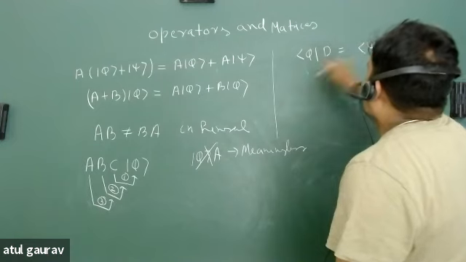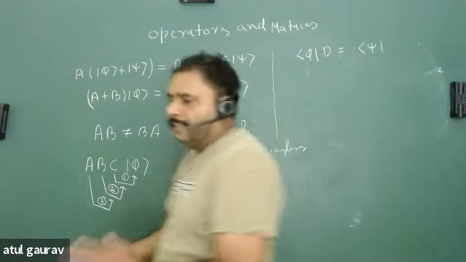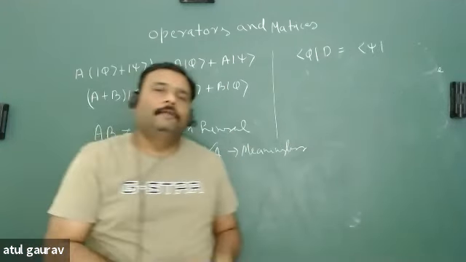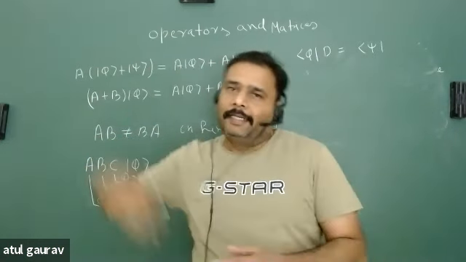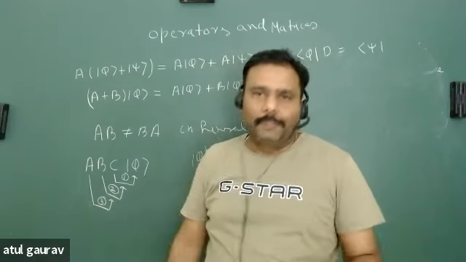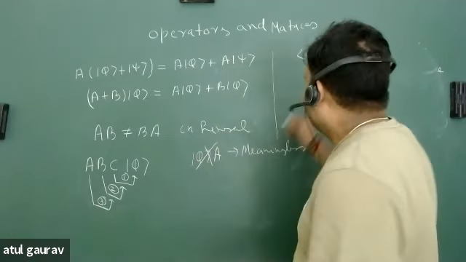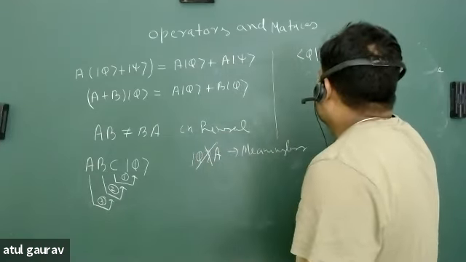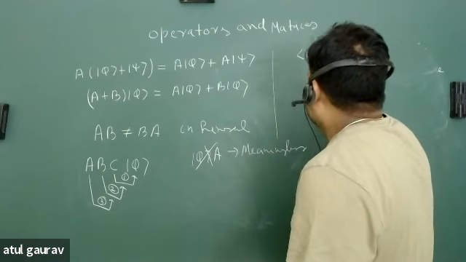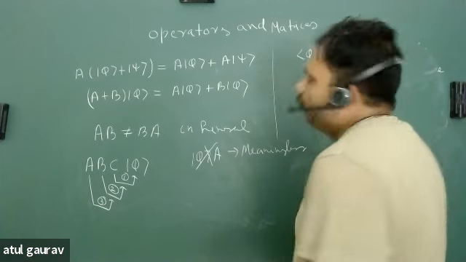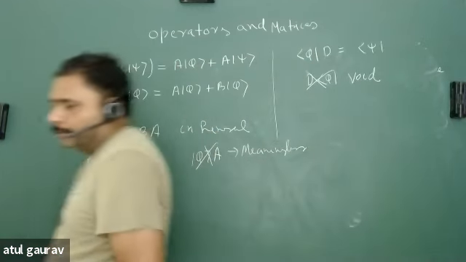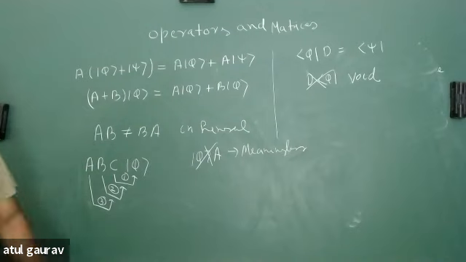Obviously, if you operate on a ket, you will always get a ket. If you operate on a bra, you will always get a bra. It is not possible that you operate on a ket and get a bra. Similarly, if you write bra phi followed by ket, or something like that, this is void. Void means it cannot be possible. So this kind of situation is always there.